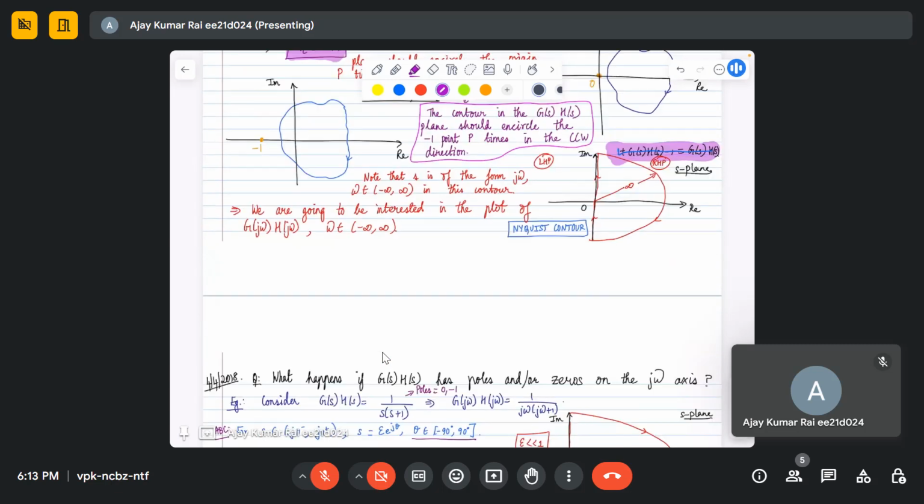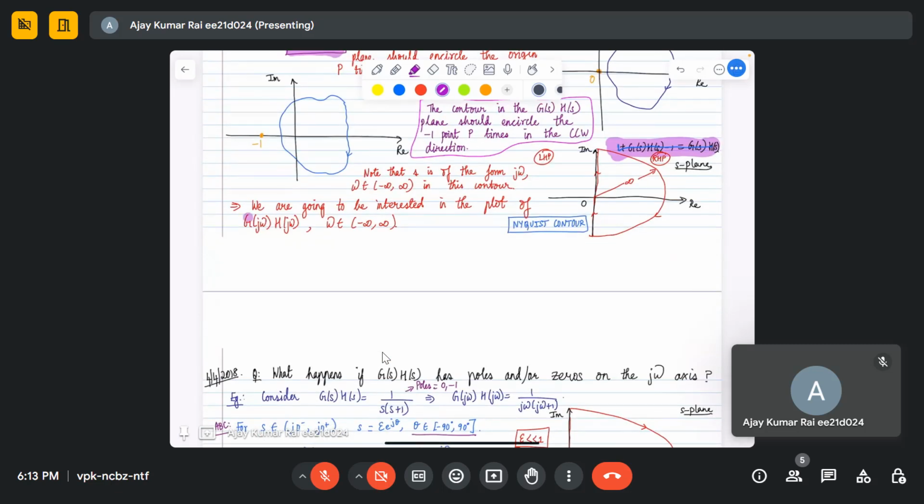So we'll be plotting this plot. We have already seen the positive frequencies, but in this case we'll also be seeing the negative frequencies, that is, omega varying from minus infinity to 0 minus.